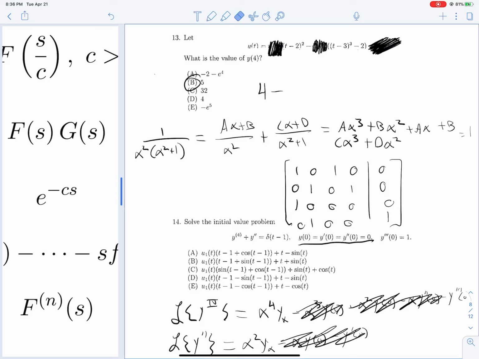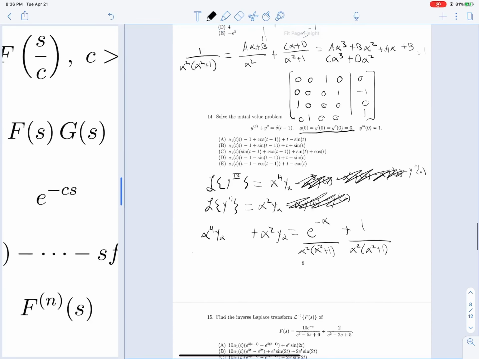Okay, so subtracting here, it's where we had a free variable there for a second. We see that both A and C are equal to 0, which is great news for us, that B is equal to 1, and that D is equal to -1.